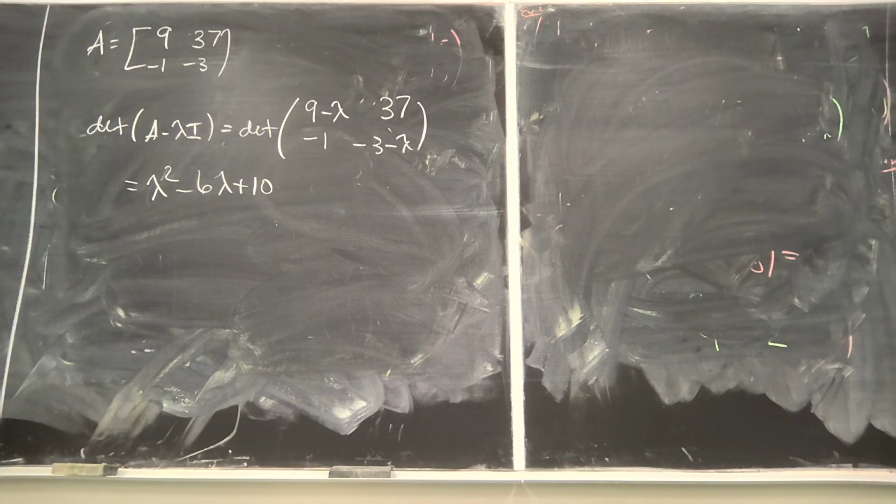So, if you're not crazy, you would complete the square on this to figure out the values of lambda, because it comes pre-simplified for you.